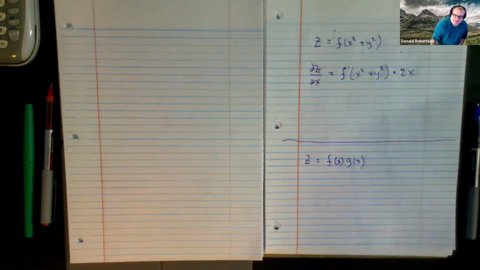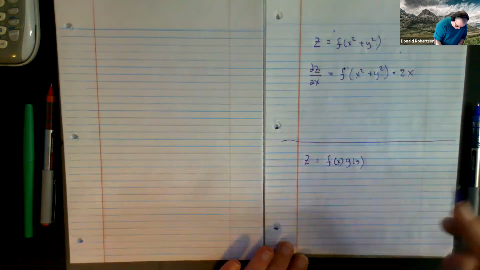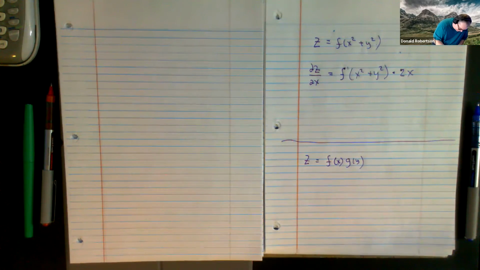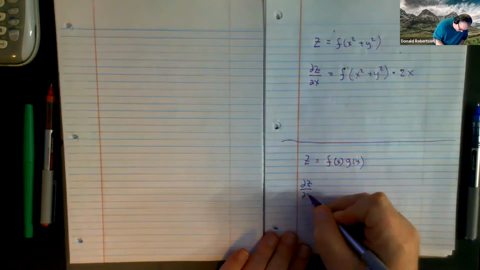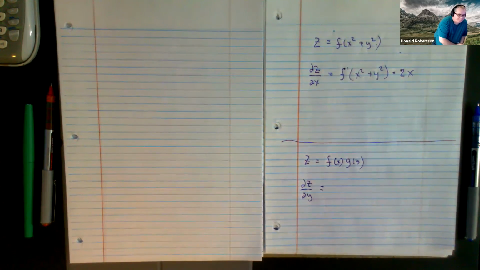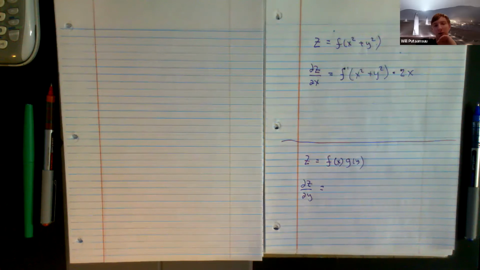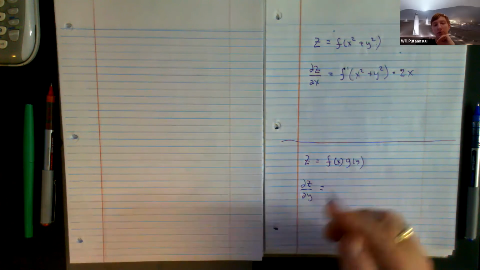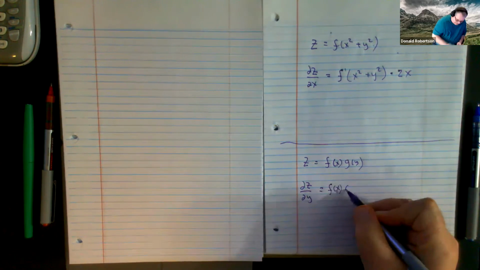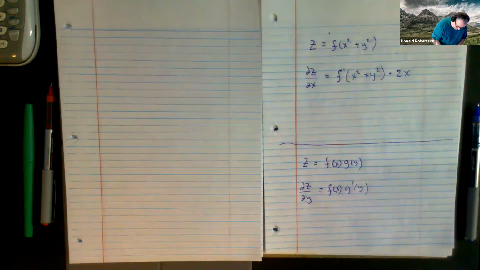Right. That's what I got. Perfect. Have a look at this one. Z is f of x, g of y. Suppose I asked you to find, this is for anybody this time, what would that one be? That would be g prime of y times f of x. Okay, I agree. Let's put the x and y inside.